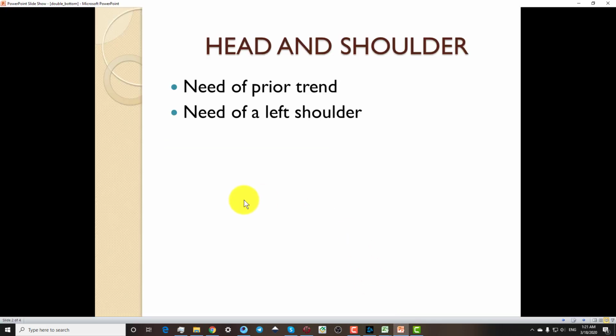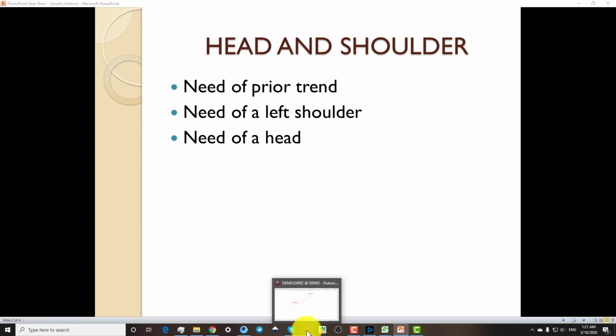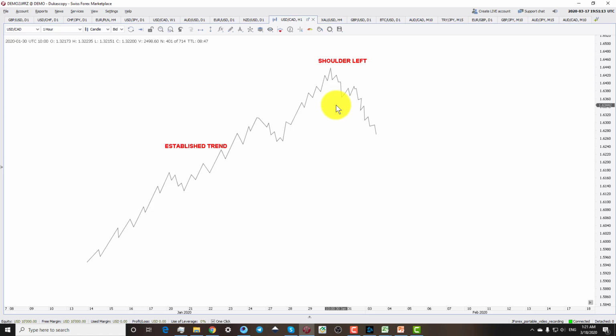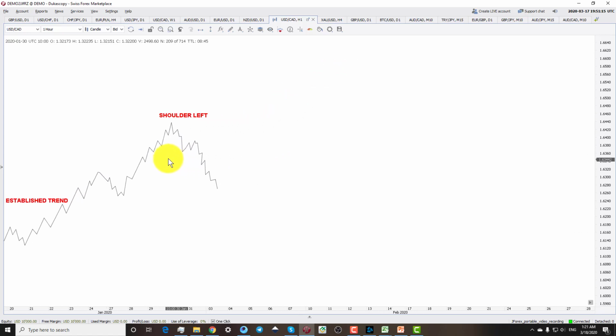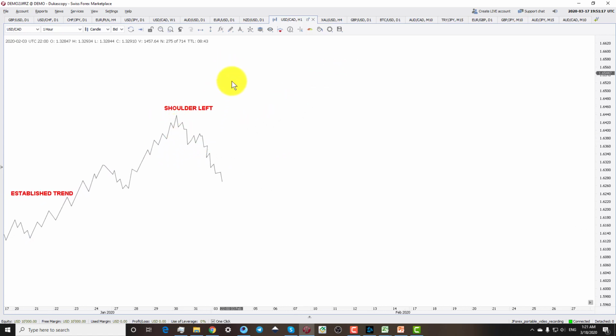Then after the left shoulder, which we have agreed on, we need a high head. There is a need of a head. Now how can the head form? The head can form only and only when the price goes higher than this shoulder, because the head is higher than the shoulder. So I will explain how.